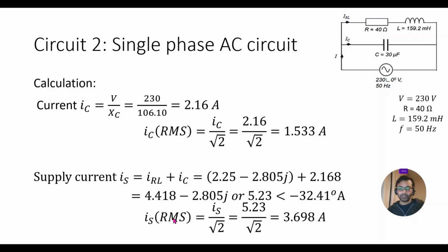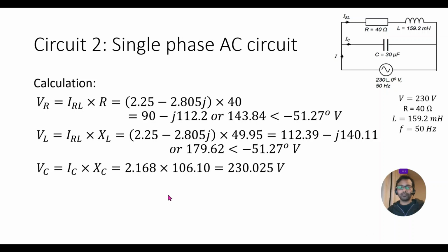So on doing the calculation and taking out the RMS value, we'll get 3.69, or 3.7 amperes approximately.